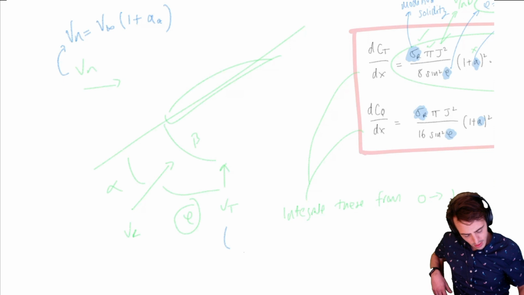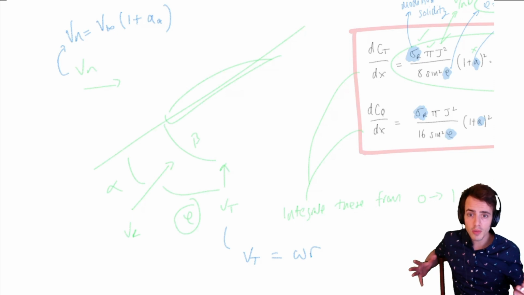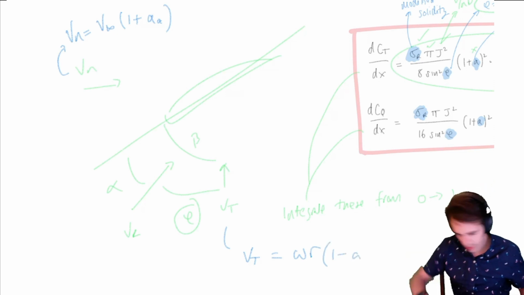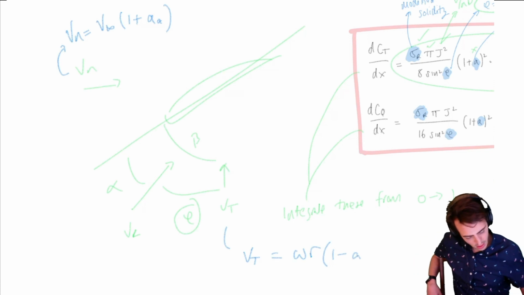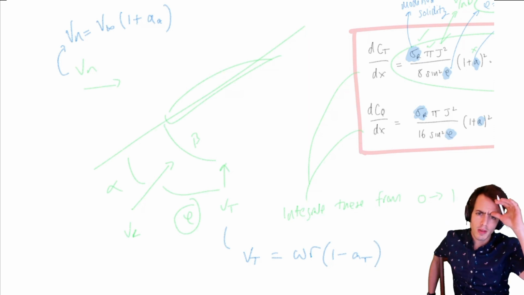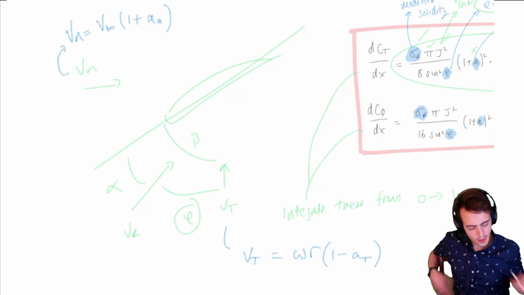We've then got Vt is equal to omega r, which is the rotational speed, multiplied by 1 minus, and yesterday I think I called it a omega. Let's call it AT, because AT for tangential induction factor. I'm not sure what I called it yesterday, but we'll call it AT now.